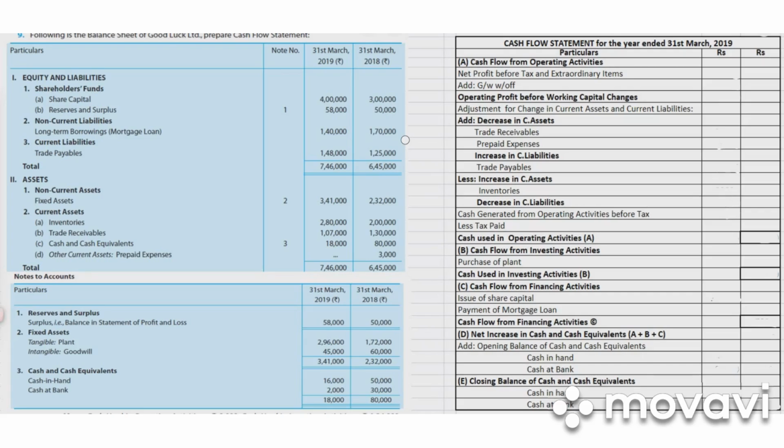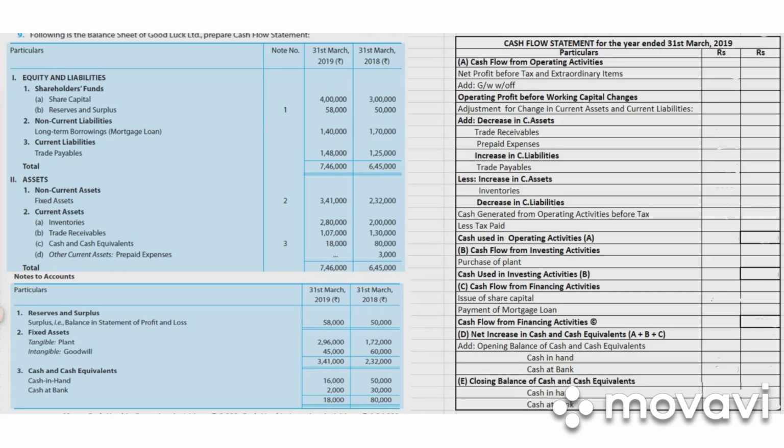Under each activity we find out the cash inflow, the cash outflow, and the net cash flow. So basically this cash flow statement has three sections: operating activities, investing activities, and financing activities. Dear students, it is very easy to prepare this cash flow statement if you see certain important points very carefully.